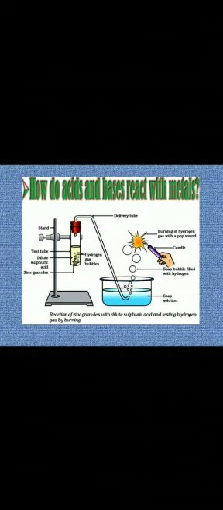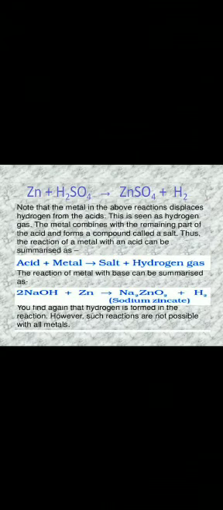Let's move on to the chemical properties of acids and bases. The first chemical property is the reaction of acids and bases with metals. To understand this reaction, we would take small amount of zinc granules in dilute sulfuric acid. The following reaction would take place.